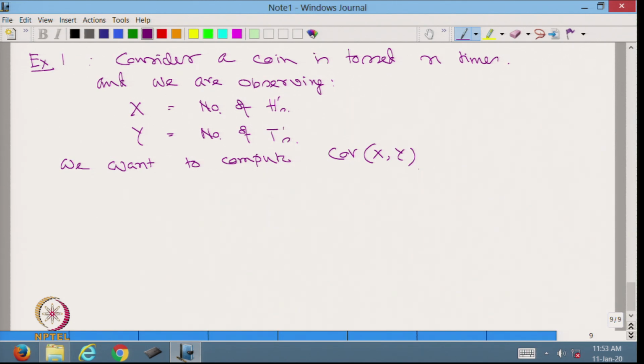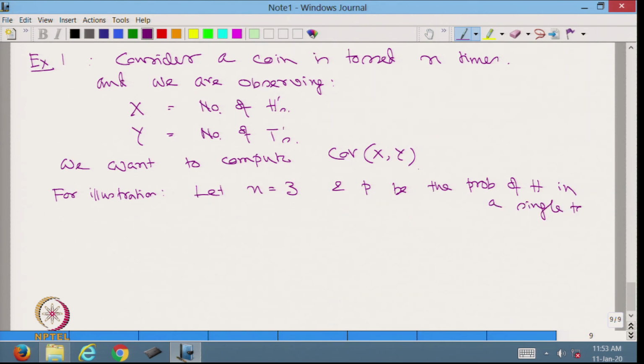So, how will we do that? For illustration, let n equal to 3 and p be the probability of head in a single toss. Therefore, X is binomial (3, p).